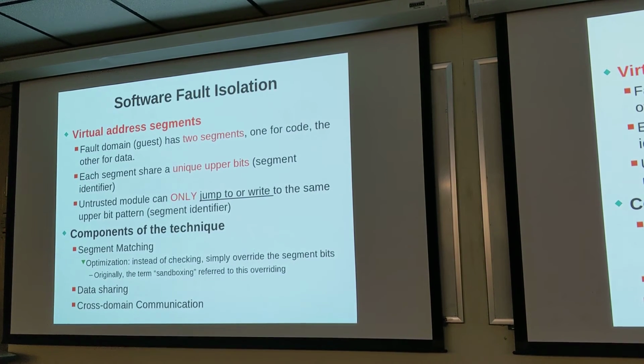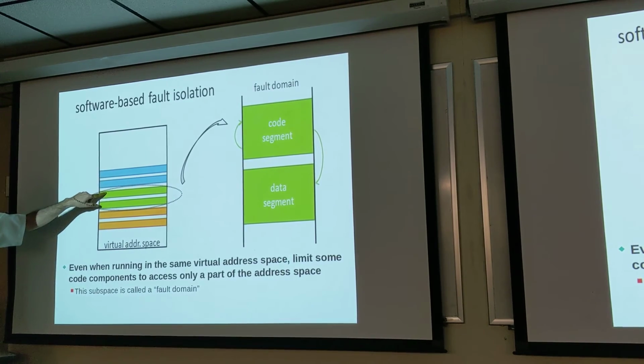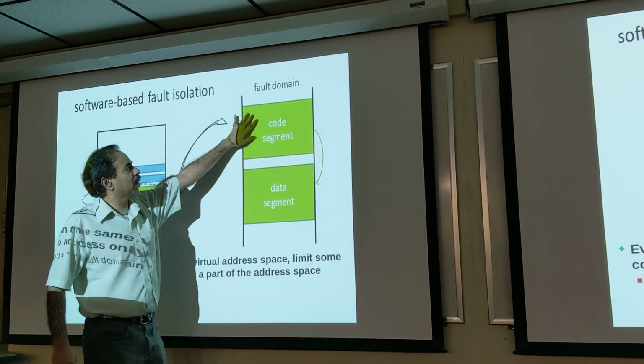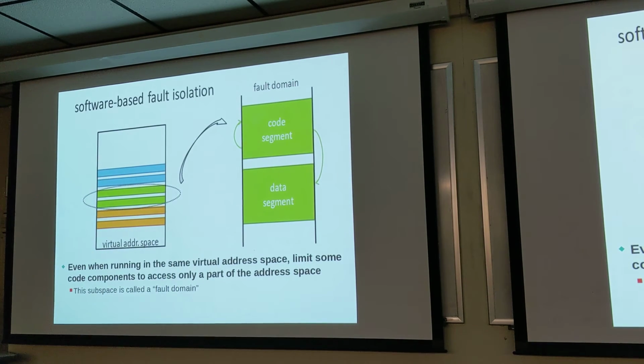So let's think of a design, and the design they came up with was to say, let's just say that this code segment corresponds to a certain small part of the virtual address space, and you can say the leading 8 bits have to be 76.